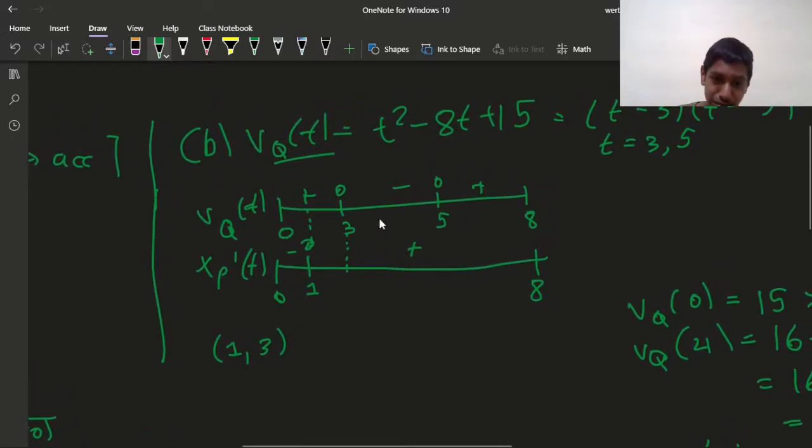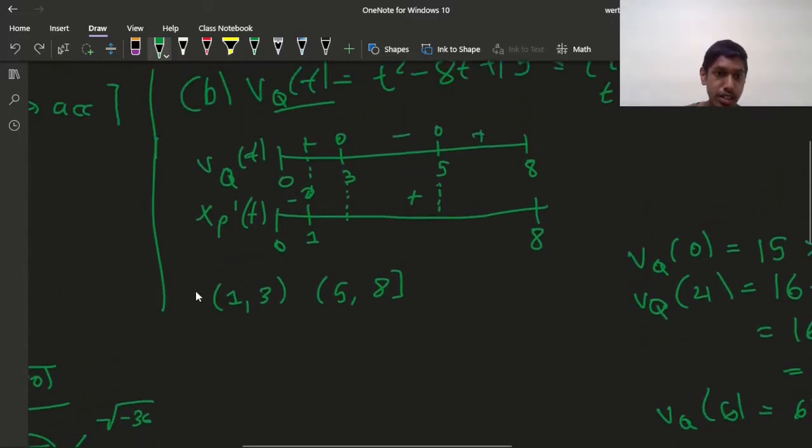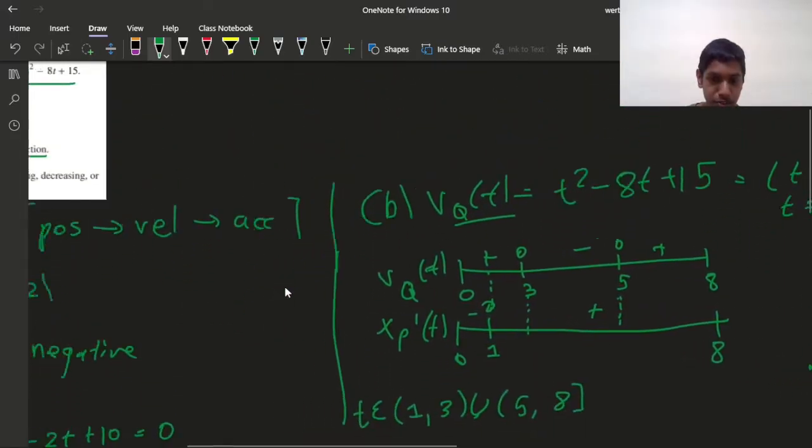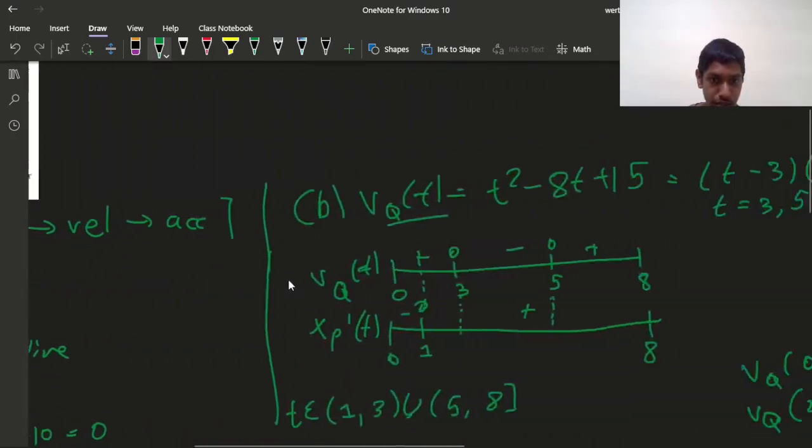And then from 3 to 5, same problem, they're not traveling the same direction. And finally 5 to 8. And we are including 8 because it's not 0. So that's basically where t has to be in order for the particles to travel the same direction.